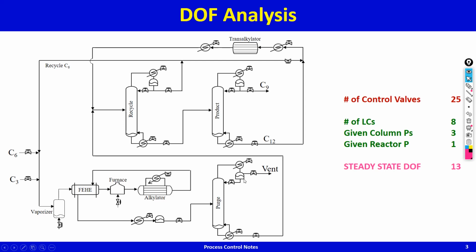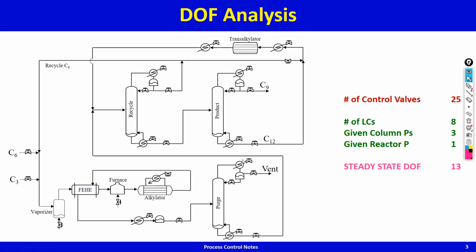So basically the specification corresponding to the degree of freedom associated with the vent is to hold the temperature as low as possible, and that is fixed by the cooling water at 40, 45, 50 degrees Celsius.